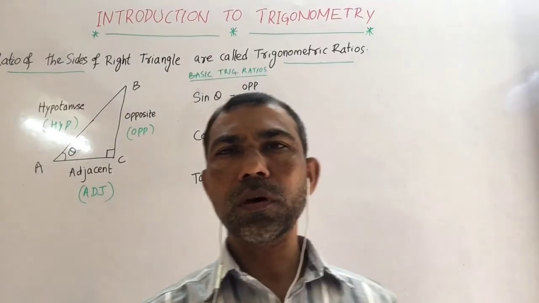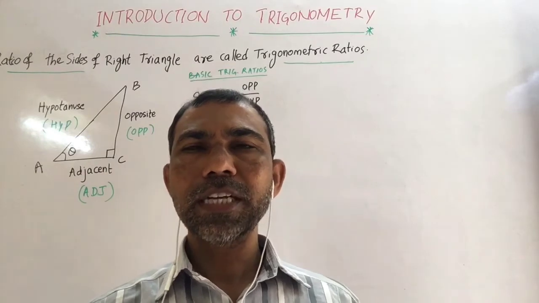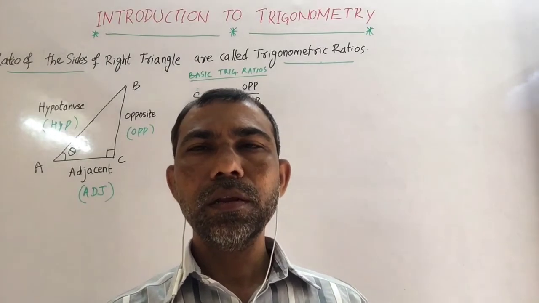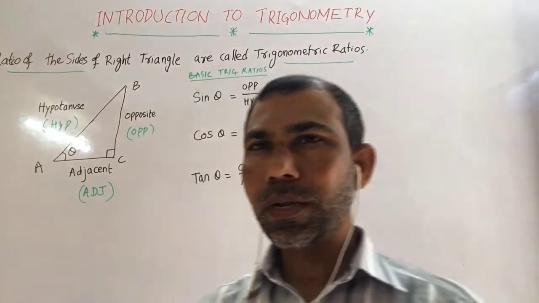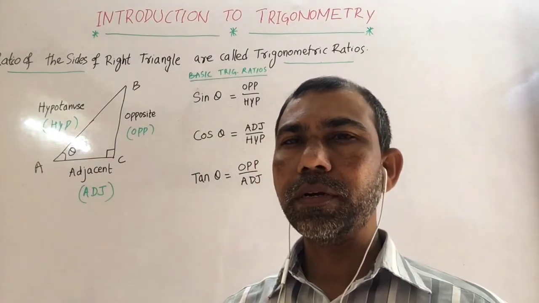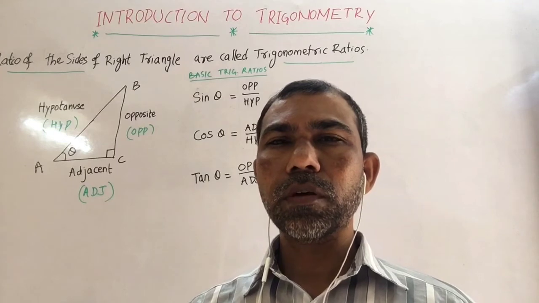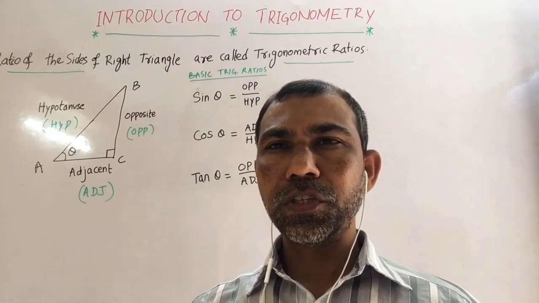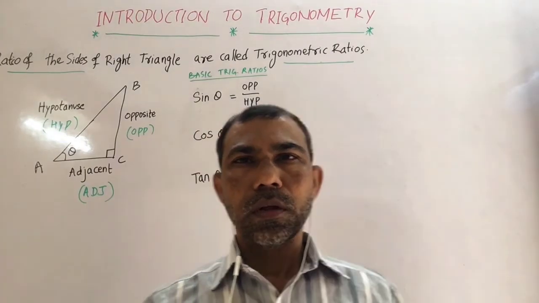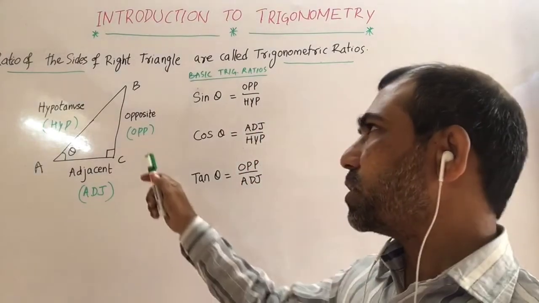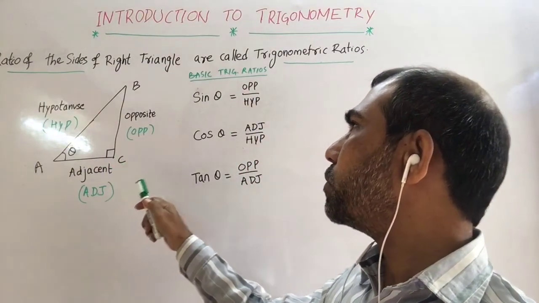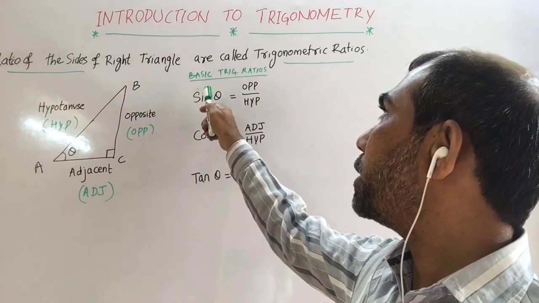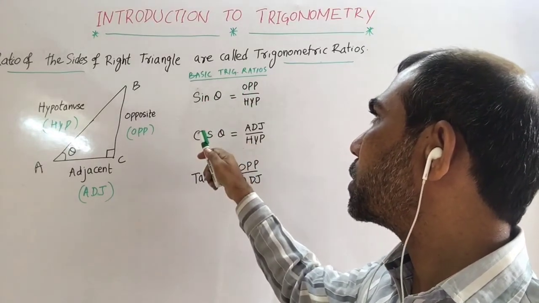The ratios of the sides of a right triangle are called trigonometric ratios. Let us see the different types of trigonometric ratios. With the combination of the three terms hypotenuse, opposite and adjacent, we can define the three basic trigonometric ratios.